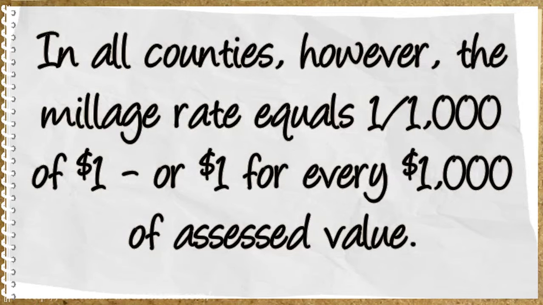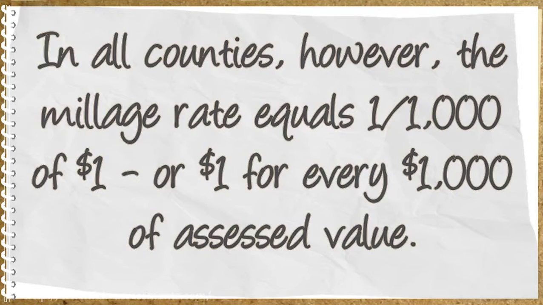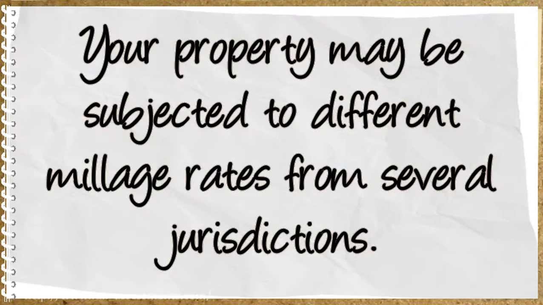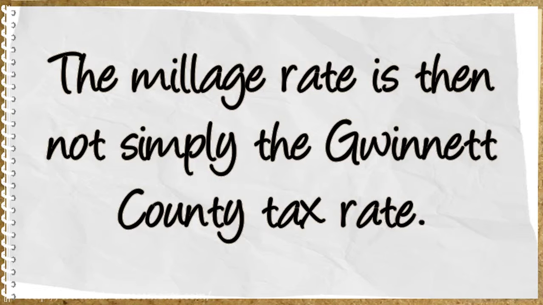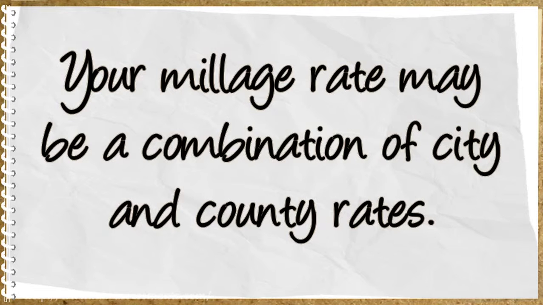In all counties, however, the millage rate equals 1/1000th of $1, or $1 for every $1,000 of assessed value. Your property may be subjected to different millage rates from several jurisdictions. The millage rate is then not simply the Gwinnett County tax rate. Your millage rate may be a combination of city and county rates.